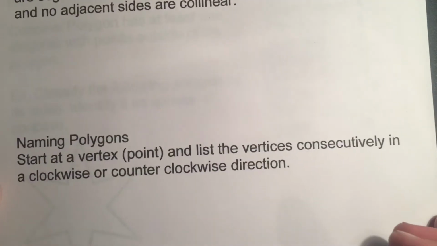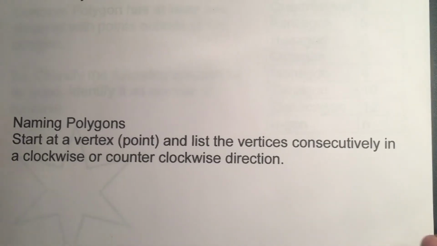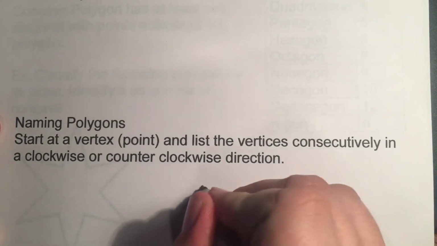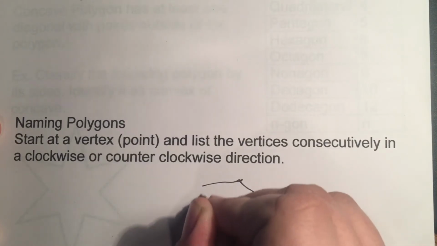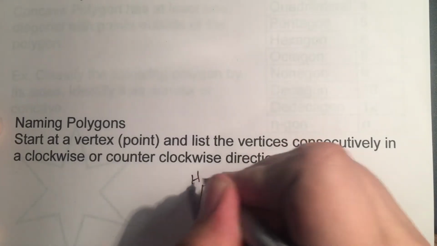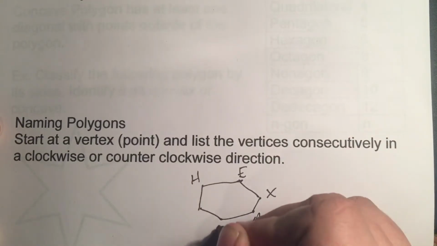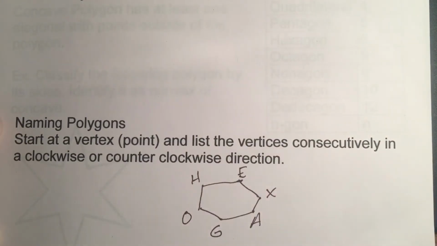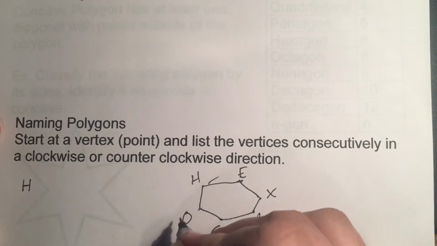When we name these polygons, we're going to name them by their vertices in consecutive order, either clockwise or counterclockwise. So what I mean is this. If I draw out a hexagon here, we're going to call this, well, hex go. So if I start at H, I would go around in consecutive order.